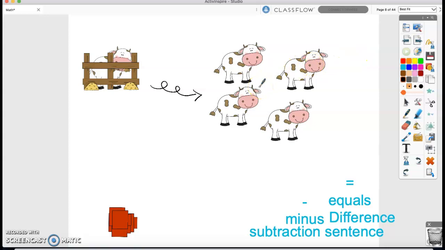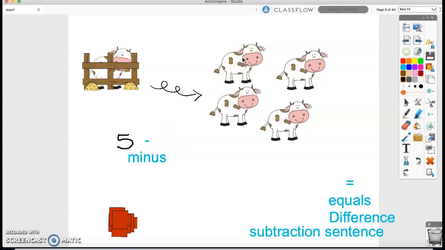I see that I have some cows. I want to know how many cows I have all together, so let's count. 1, 2, 3, 4, 5. I have 5 cows that I started with. But I see some cows walked away. So when they walk away, we will end up with less, so we are going to subtract, and that's the minus sign.